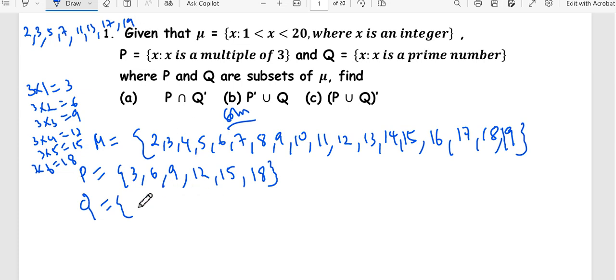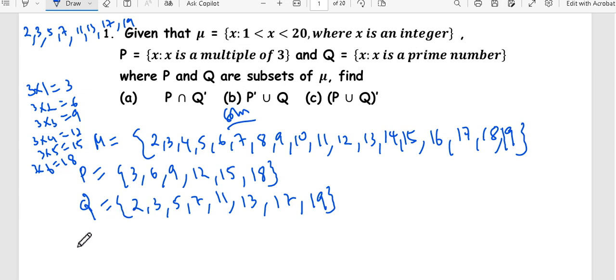Let's list them out. So these are the elements of Q. Now we are done listing all these sets out.